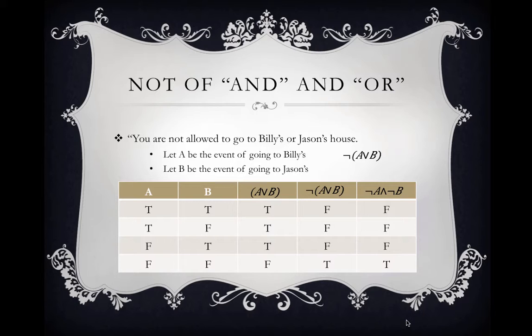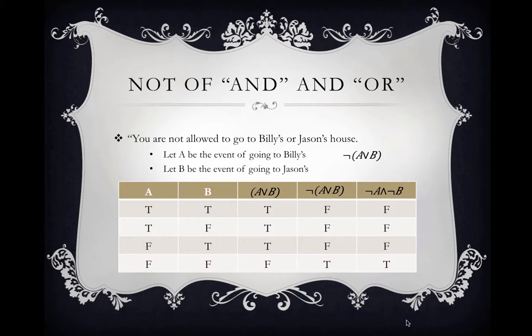Then taking the not of that statement, as seen before, is simply flipping the trues to falses and the falses to trues. In the fourth column you will see that this statement is only true if you did not go to Billy's and you did not go to Jason's. You'll notice how I said that. How I said that is actually the last column. The only way it's true is if A is false and B is false.